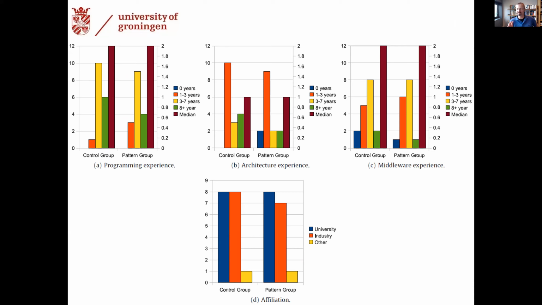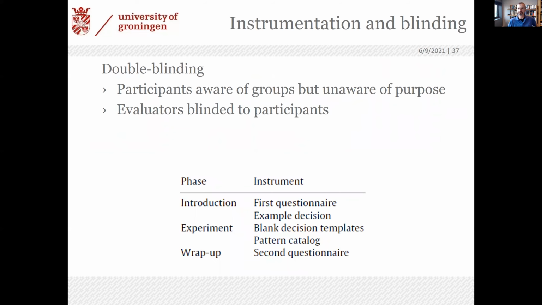Not exactly, it's not usually possible to do it exactly the same, but they are pretty well balanced. This means, for example, that programming experience is the same in both the pattern group and the other group. The same goes for architecting experience, experience with middleware, and whether you are in industry or in academia. So this allows us to say that we split people into equal groups, so the only thing that changes between them is whether they use patterns or not.